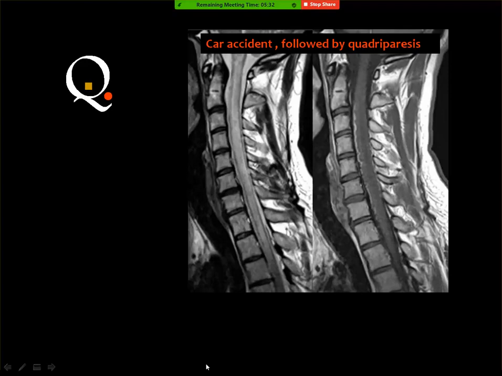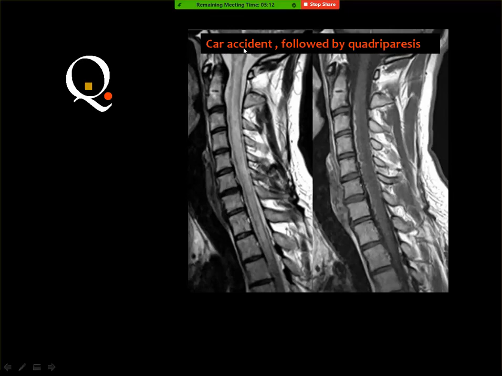Then, what do you think of this? Doctor, transverse myelitis, or this is the... Okay, then actually look for the history.